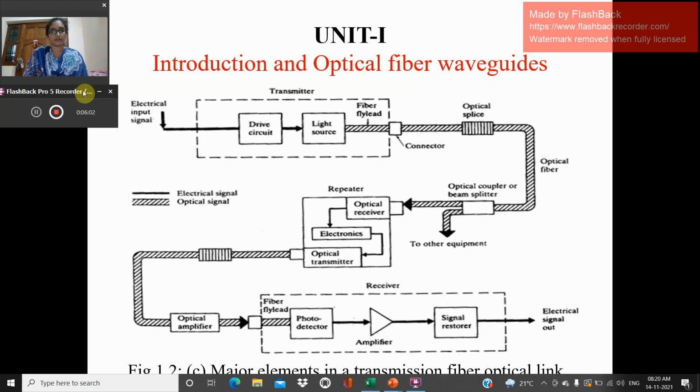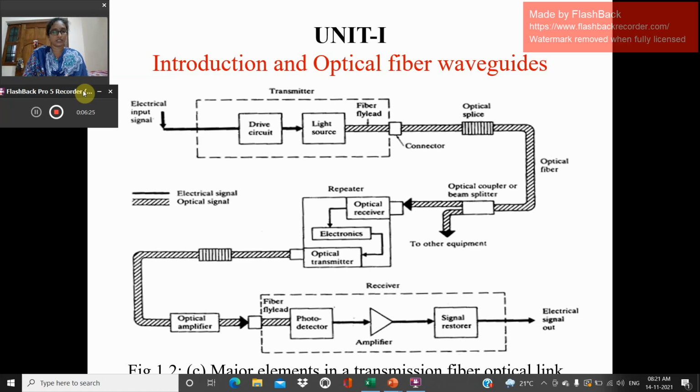What is the main function of the receiver section? In the receiver section we again use three blocks: photo detector, amplifier, and signal restorer. The photo detector converts the light signal into an electrical signal using avalanche photo detectors or PIN diodes.